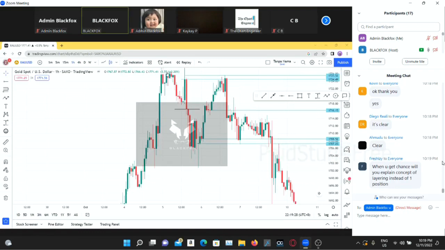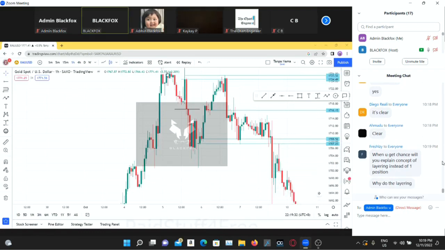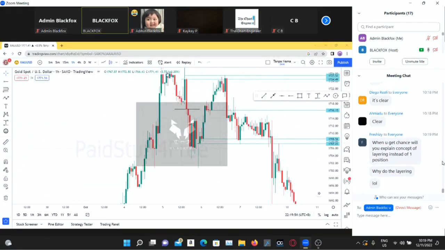Can you explain the concept of layering? For me, layering is just for fun or to show people that you are a great trader.